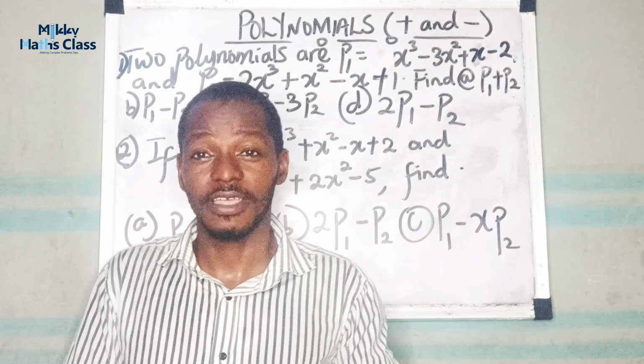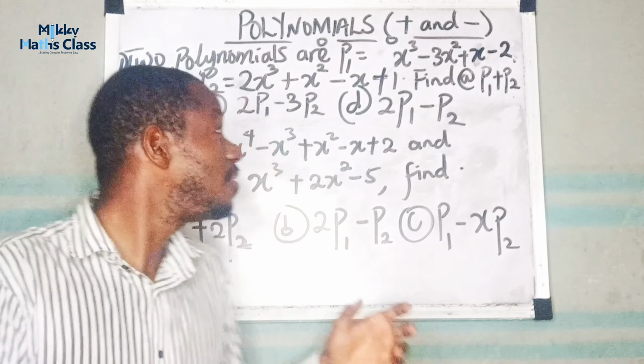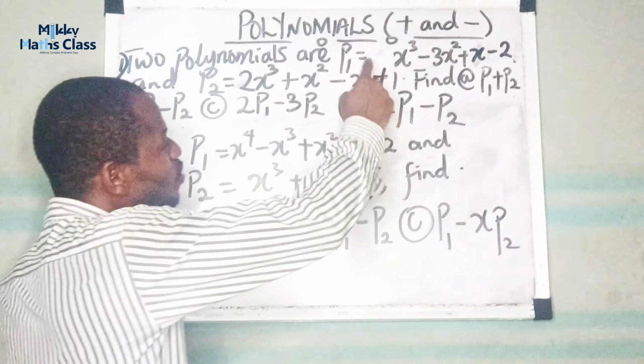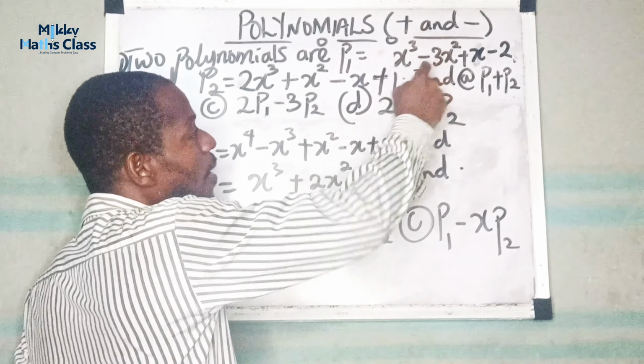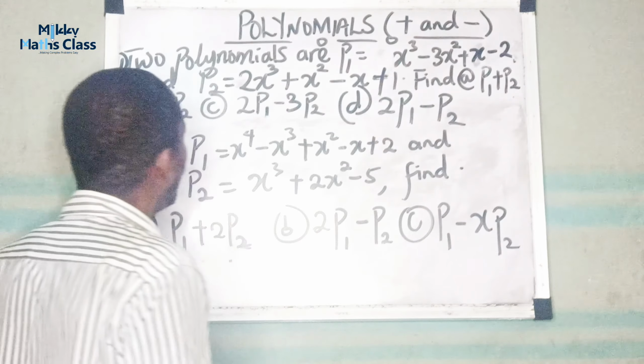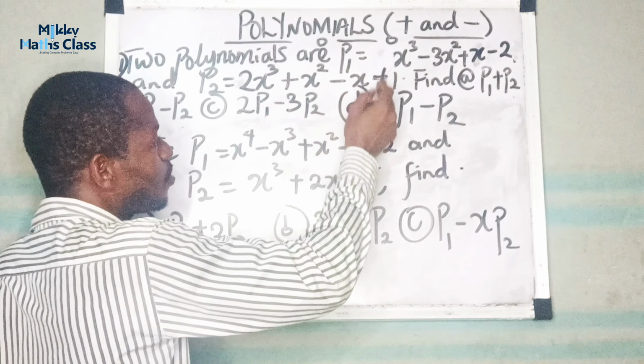Just like in our usual style, before we go, here is a list of take-home questions we can practice at our leisure. The first one says two polynomials are P1, which equals x raised to the power of 3 minus 3x squared plus x minus 2, and P2 equals 2x raised to the power of 3 plus x squared minus x plus 1.